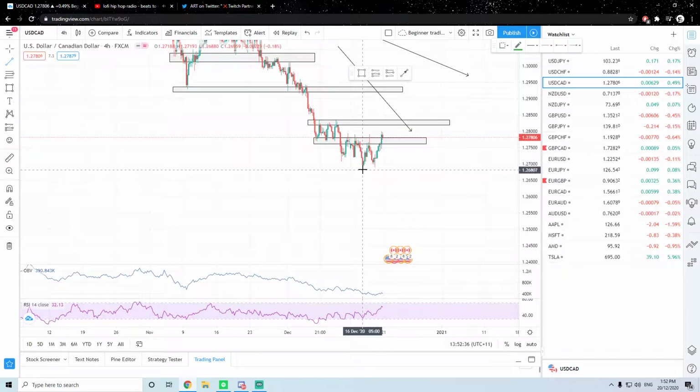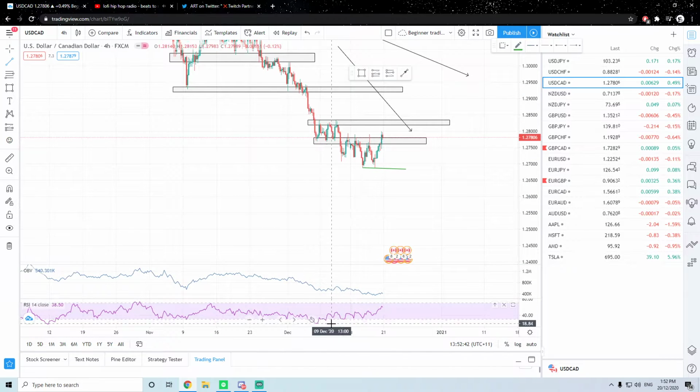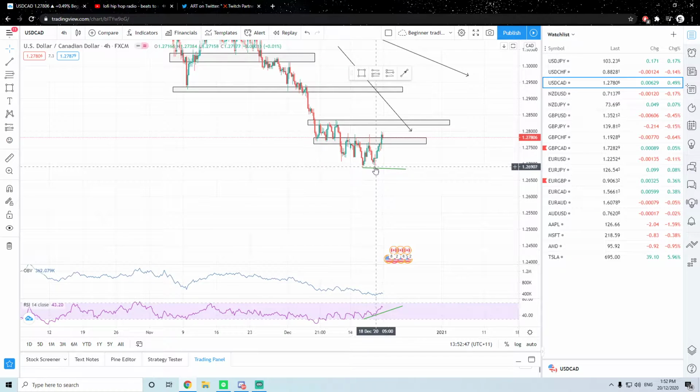So from essentially here to here, it's basically this direction, but on this here there's a bit of divergence occurring. So an entry here would have been pretty good if you could see it. After seeing this rejection candle, it could have been nice to really target up here, but I didn't actually enter in on this one.